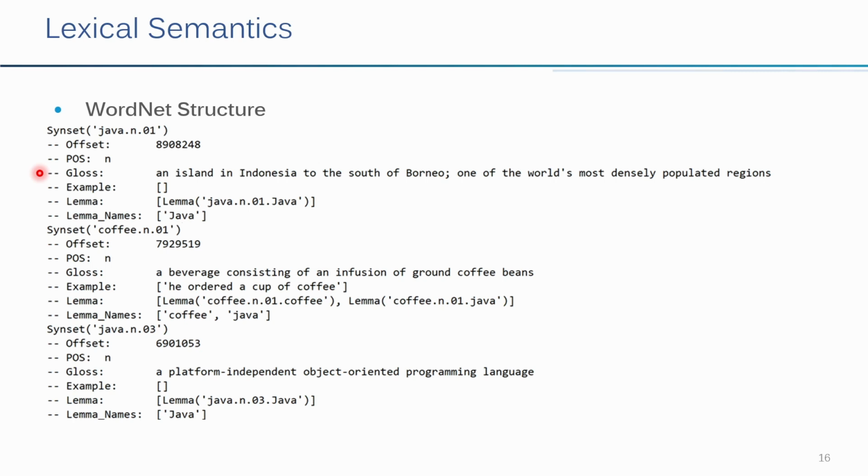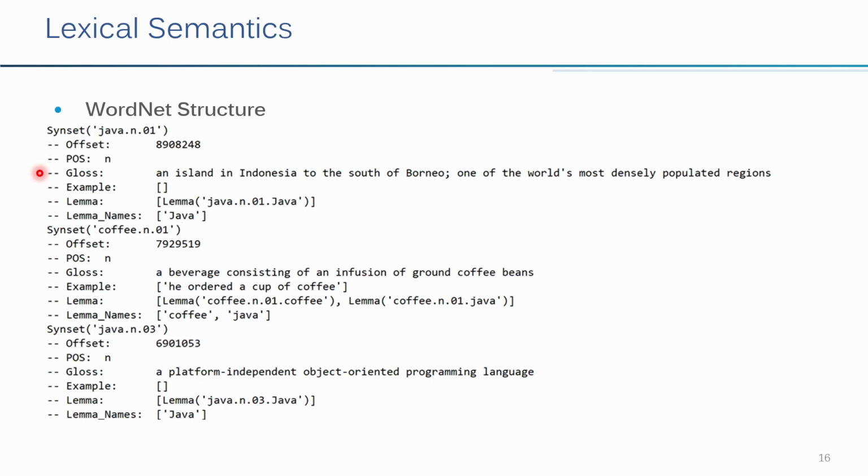Not only that, all these glosses, theoretically, and at least in the beginning of WordNet, were composed by linguists and psychologists. So it's an extremely granular and curated database. Think about how resourceful it is to have this definition.